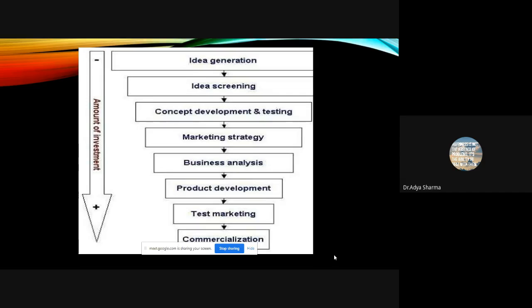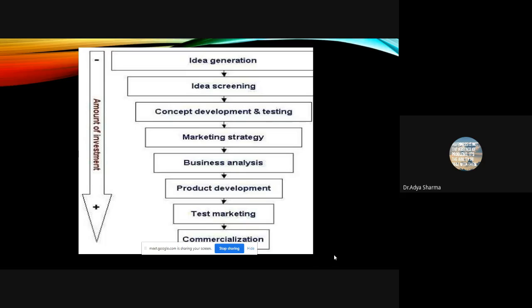But look at this. By the time we hit the step of business analysis, we have crossed 4 stages, which means that we are taking a calculated risk, which means that we have done a lot of homework, which means we have a lot of facts and figures in front of us. And then we are going ahead and taking a decision.